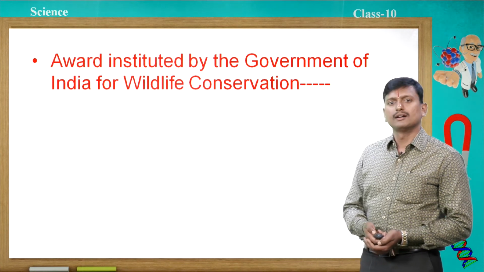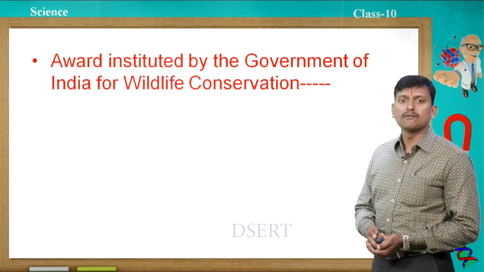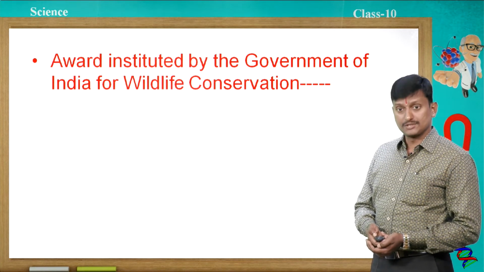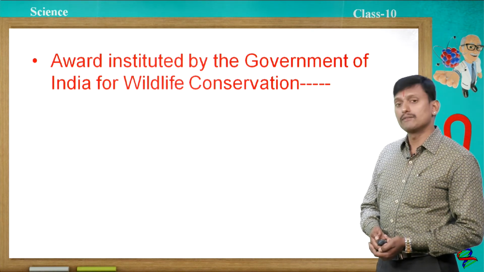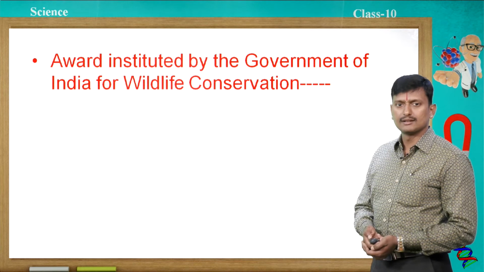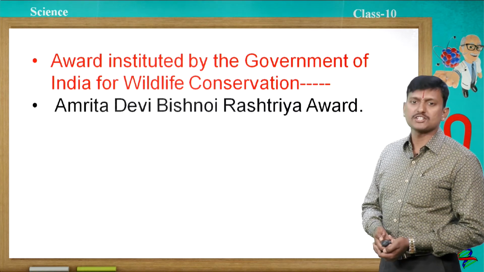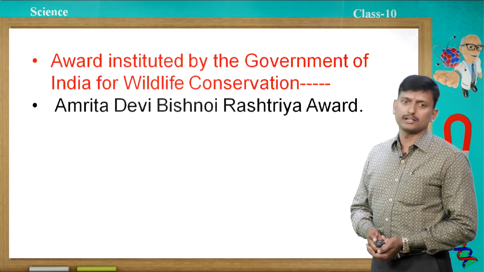Award instituted by the Government of India for wildlife conservation. Which is the award given by the Government of India for wildlife conservation? Yeah, this is the Amrita Devi Bishnoi Rashtriya Award. It is a national award given by our country.